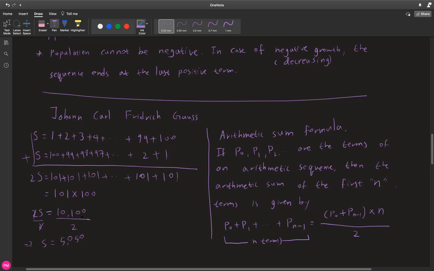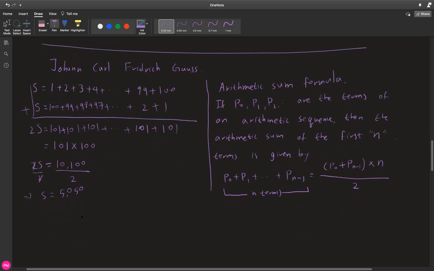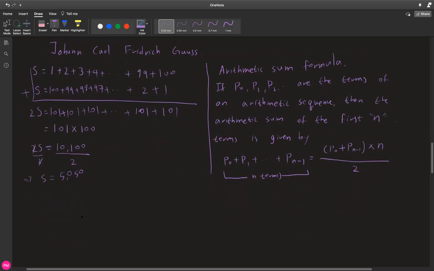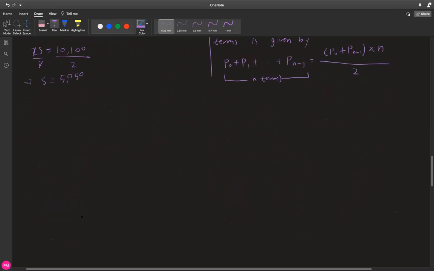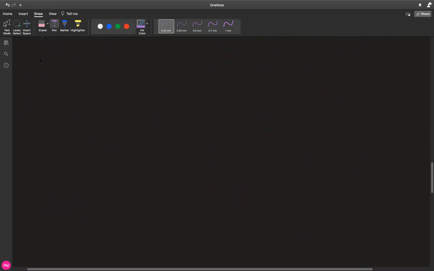So using the formula, let's actually do a couple more examples. So actually we'll rewrite the formula for you. So here the formula is, the sum is given by the first term and the last term, and you multiply by the number of terms and divide it by 2.